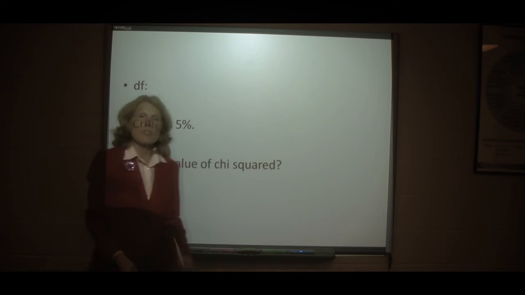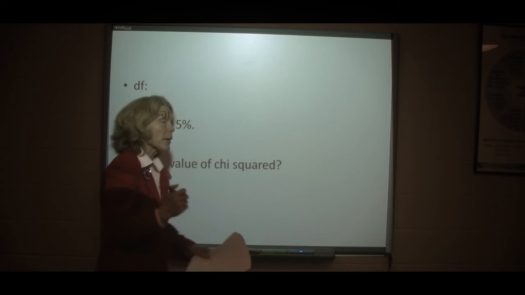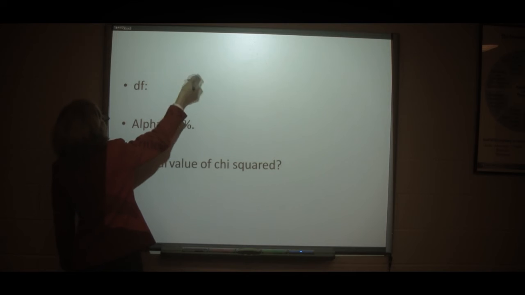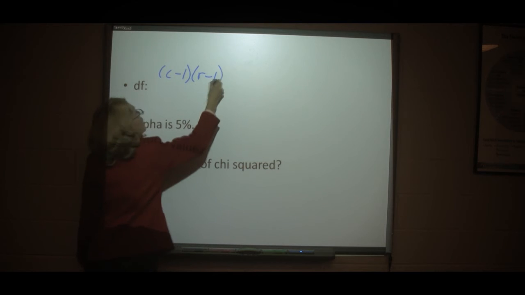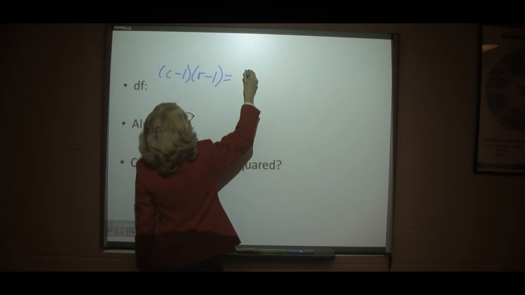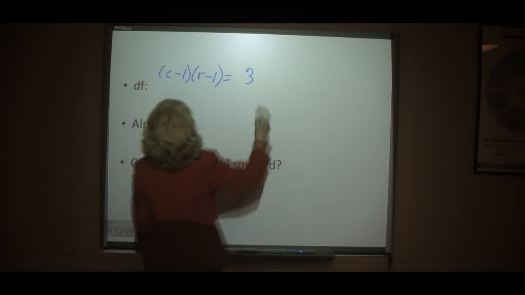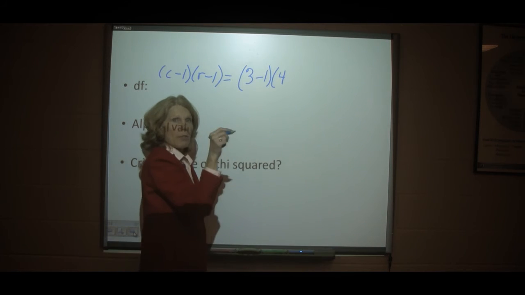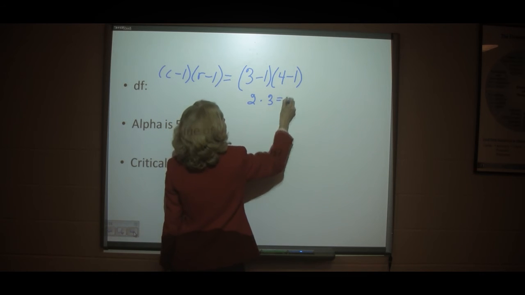Now, to get to the critical value of chi-square, we're going to need the degrees of freedom, and we said that was R minus 1 times C minus 1, or vice versa. And let's see, we had 3 columns, the 20 meals per week, 10, and none. And then 4 rows, freshman, sophomore, junior, senior. So that's 2 times 3 equals 6.